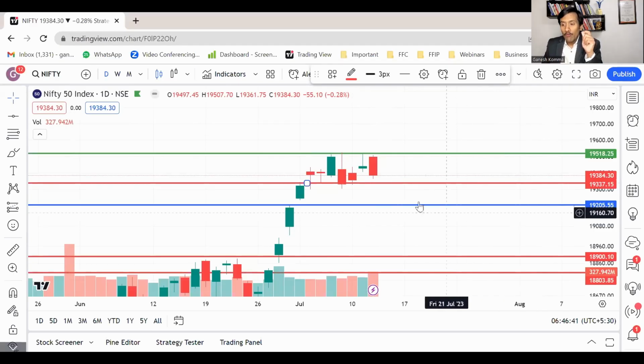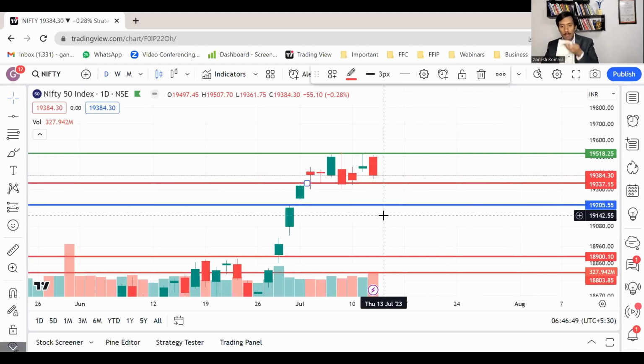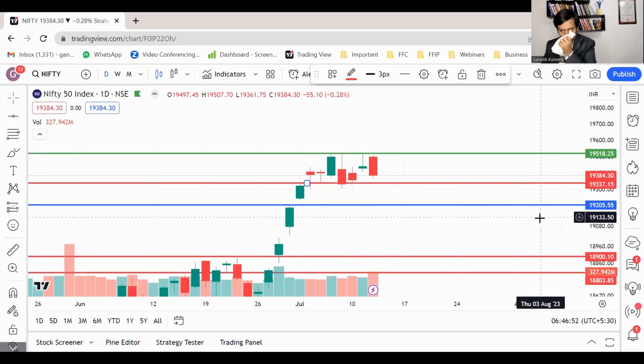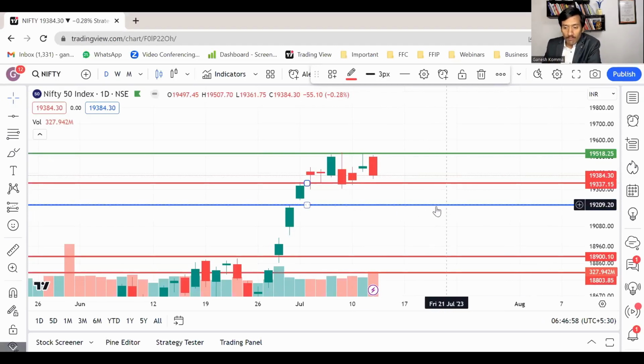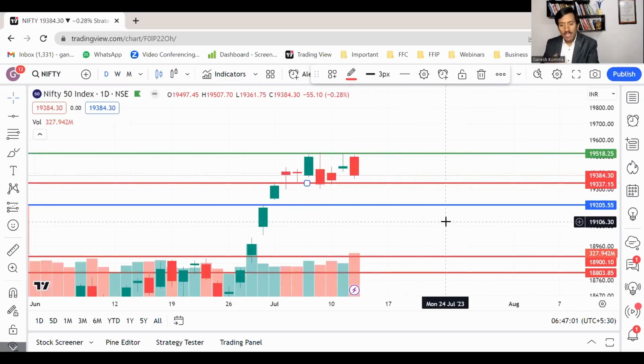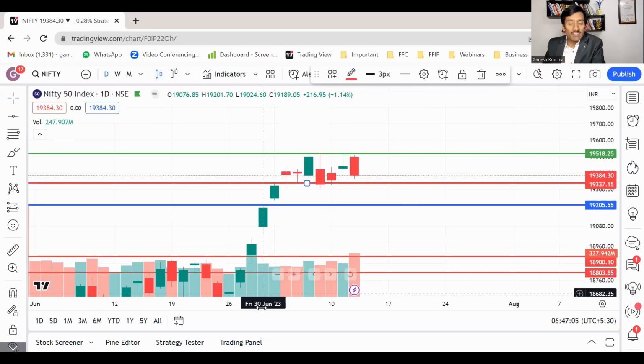When Nifty falls below this level of 19,337, or even this level, 19,205, it becomes weaker. When the stock is falling below this blue line, this can be its next support.